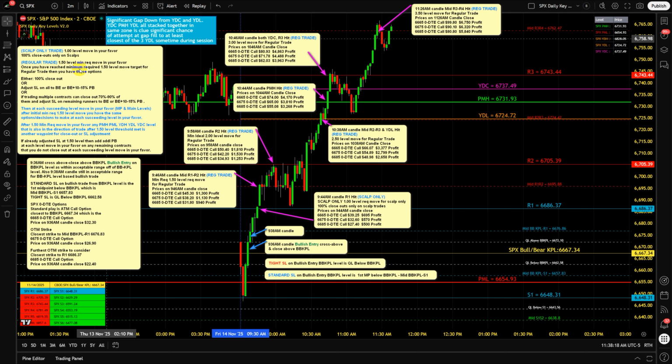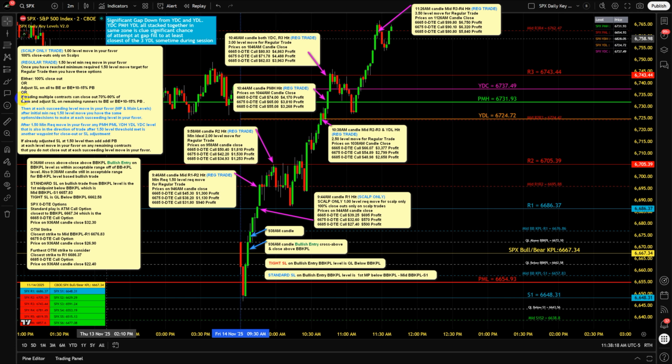Once you have reached the minimum required 1.5 level move target for a regular trade, then you have the following options. Either 100% closeout, regardless of how many contracts you're trading, or adjust your stop loss on all to break even, or break even plus a 10 to 15% profit buffer on top of the break even.